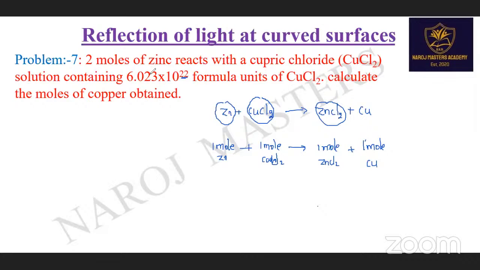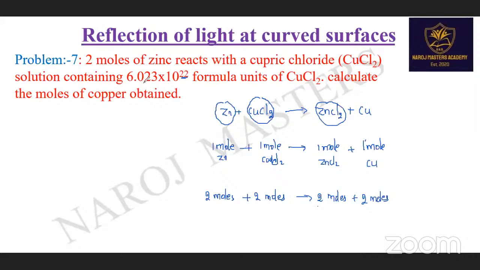So what he asked in the question, 2 moles of zinc reacts with the cupric chloride. It means if you take 2 moles of zinc, we need 2 moles of cupric chloride. Then we will get 2 moles of zinc chloride plus 2 moles of copper.